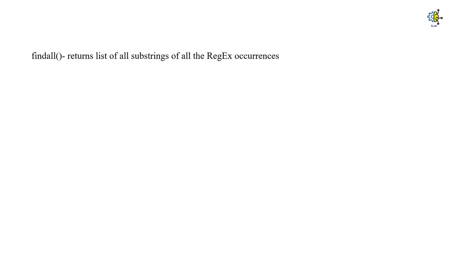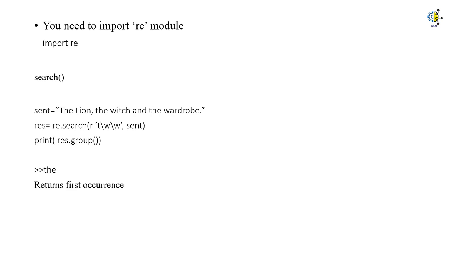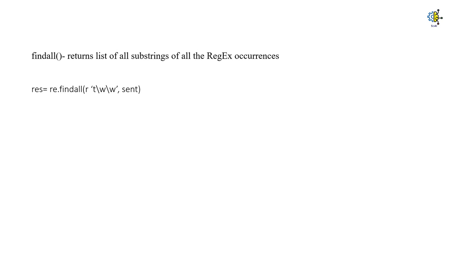The findall method, which is also another inbuilt method, returns a list of all the substrings of the given regex in the given sentence. So, taking the previous example, which was the lion, the witch and the wardrobe, we are going to do re.findall with the regex of small t followed by two alphanumeric characters in the given sentence sent.